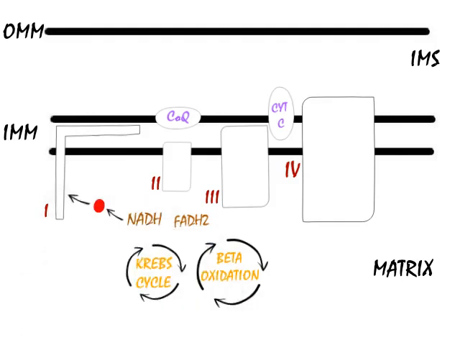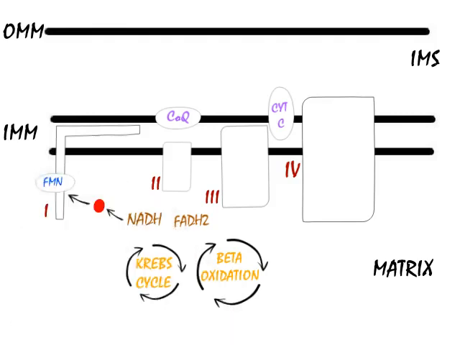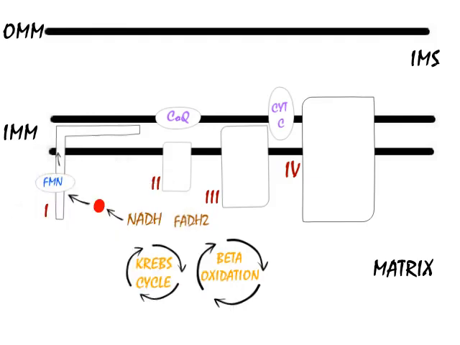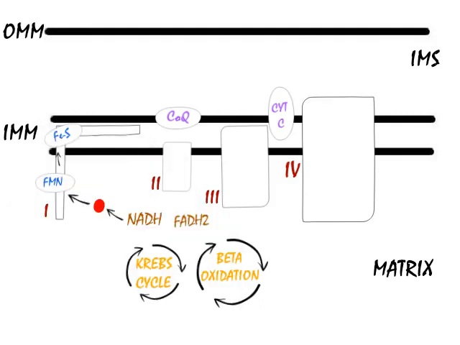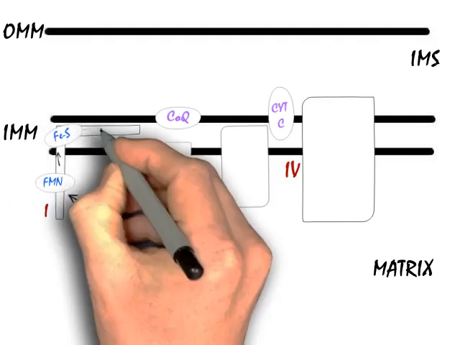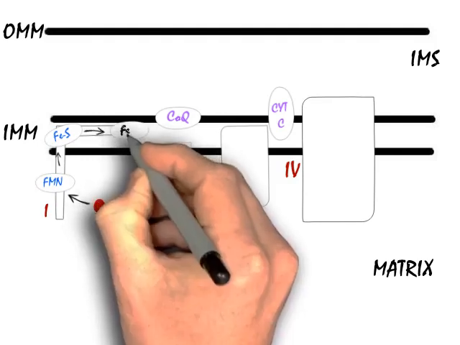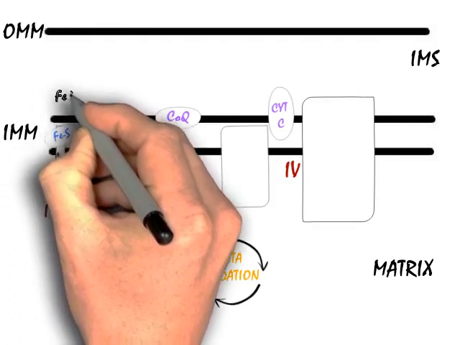In the first complex, the electron is first received by flavin mononucleotide, which is a prosthetic group. Then it donates its electron to the iron sulfur proteins. These are redox reactions in which iron ions go from ferrous state to ferric state, depending on donation and receiving of electrons.